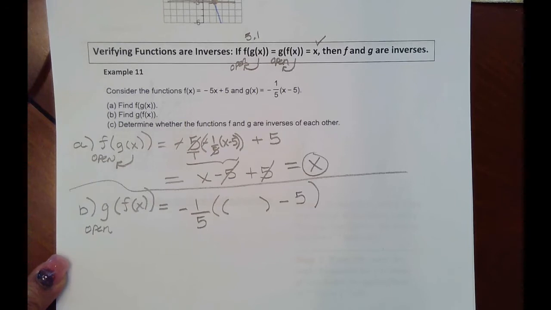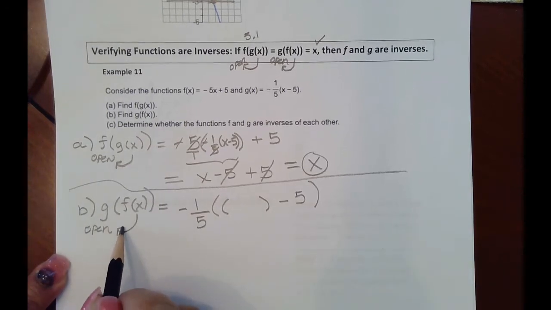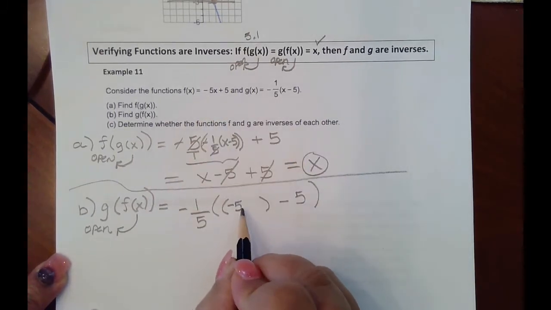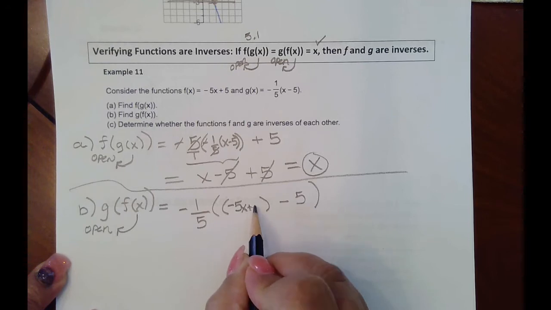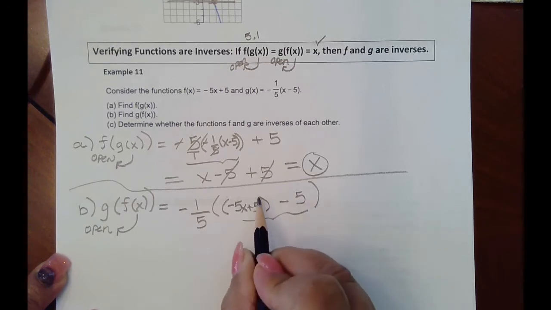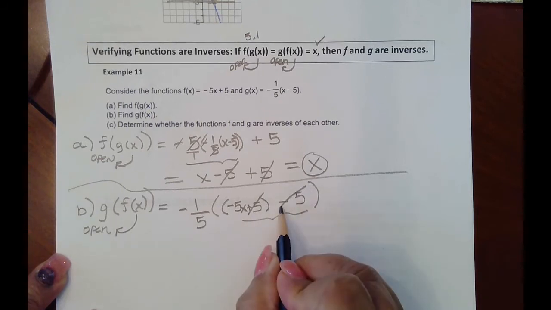All right, now we're going to plug this function into that open spot right there. Okay, so f of x is negative 5x plus 5. Put it right there. I'm going to clean up what's in here first. I see I have a positive 5 and a negative 5 down the way.